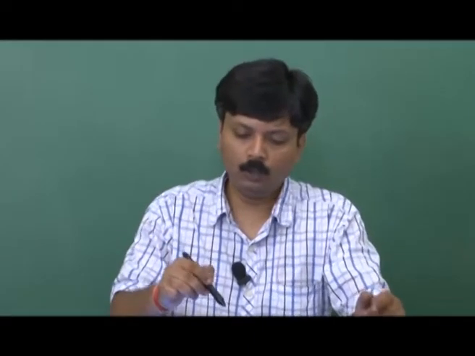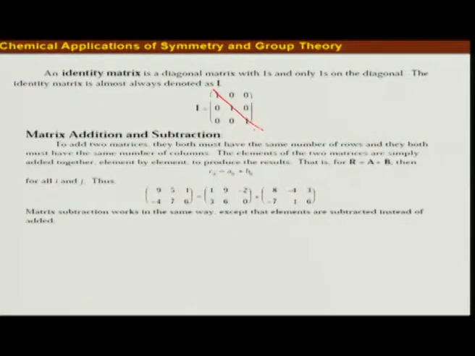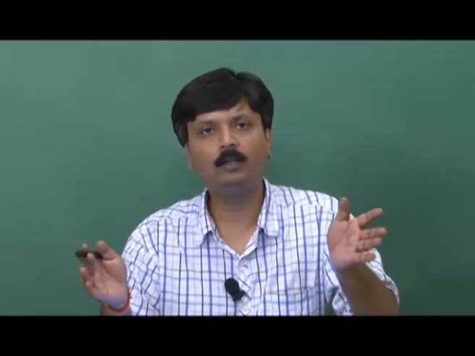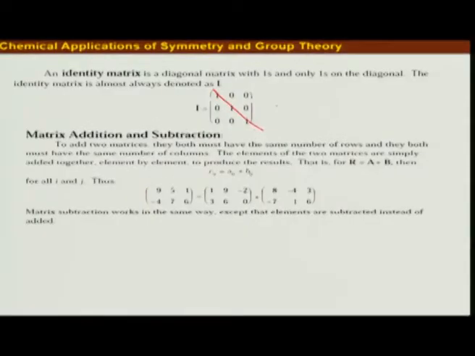For a square matrix, this is the diagonal, correct? It is just like you take a square and you get a diagonal for that. So along the diagonal, you will see that all the elements are unity and the rest of the elements are zeros. So this is called an identity matrix, and identity matrix is always denoted by the symbol capital I. Okay, this is a normal convention.